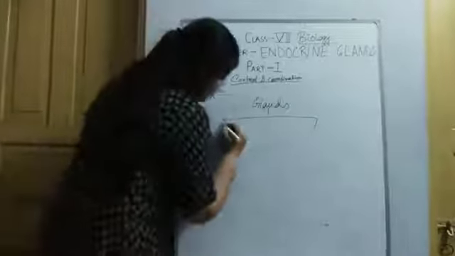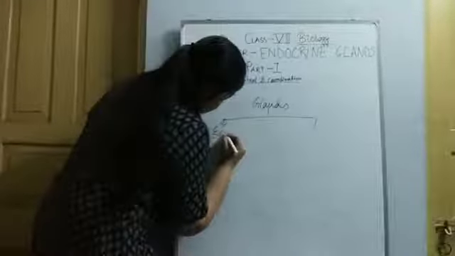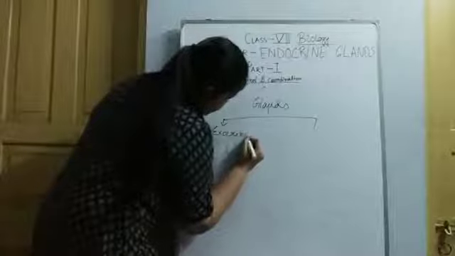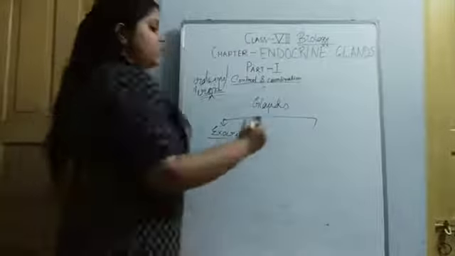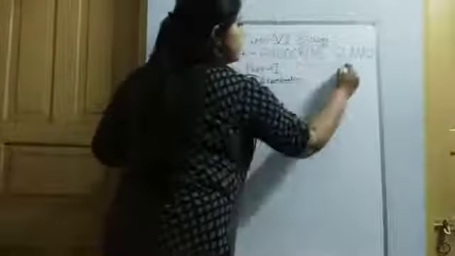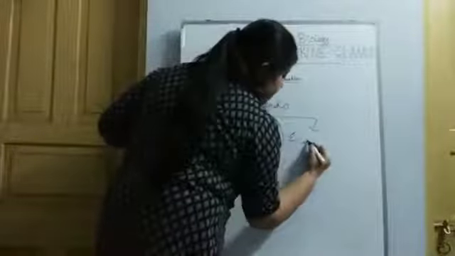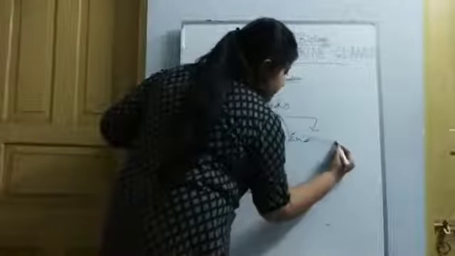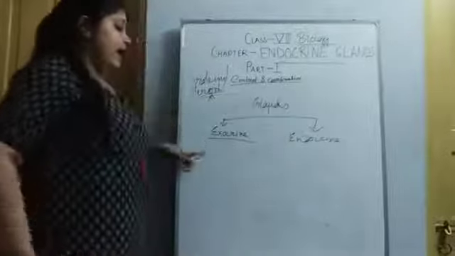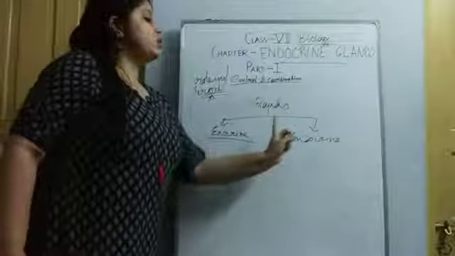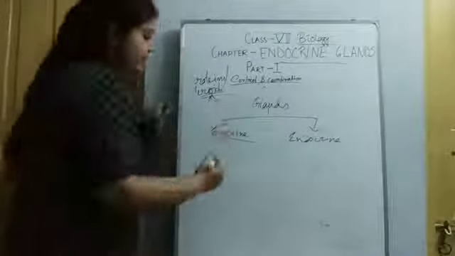The first one is the exocrine gland and the second one is the endocrine gland. The meaning of exocrine and endocrine is here.